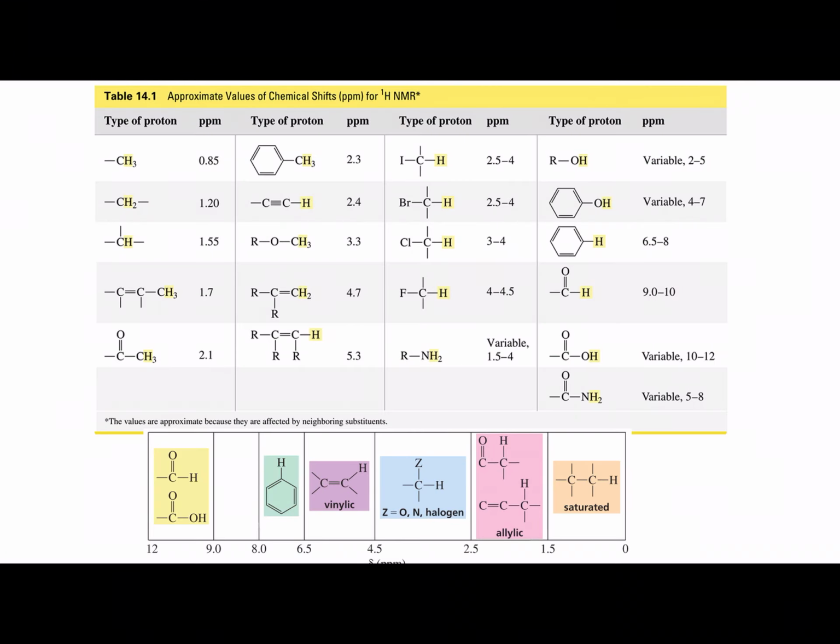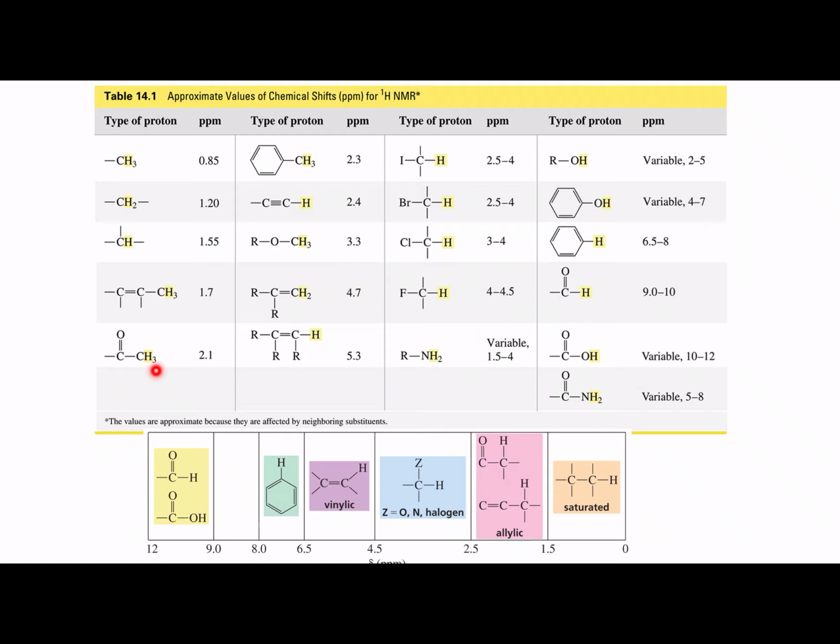So this is the chemical shift table. I just put it over here to remind you where each kind of hydrogens appear. So basically methyl groups, CH3, very low chemical shift, 0.85, and methylene is going to be 1.20, CH2. When you have another carbon, and then the CH, there are 3 carbons there, so that is 1.55. And then hydrogen next to a double bond, and so on.